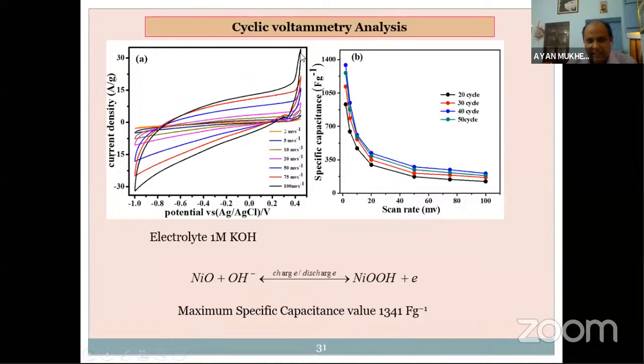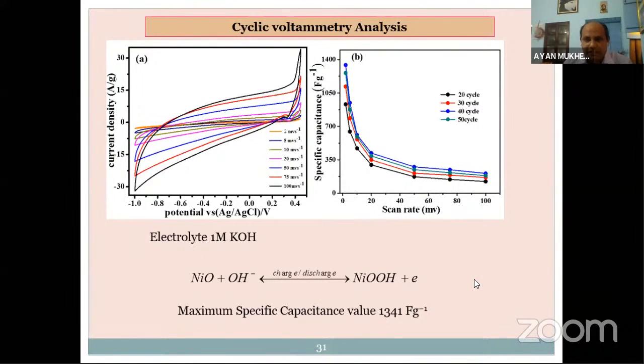See here, this curve shows the property of this material. There is a peak, and we can see this is a pseudo capacitor type of material, and the maximum specific capacitance value of this material is 1341 farad per gram.